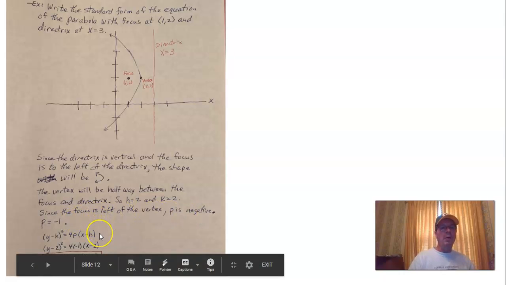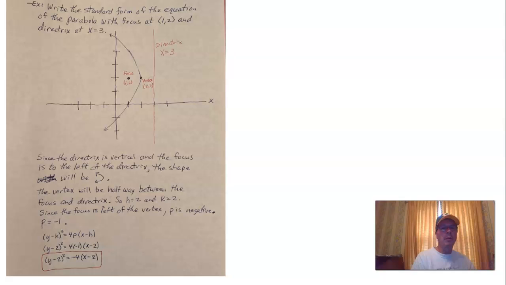So now write the general standard form equation of a right or left type of parabola, which is (y minus k) squared equals 4p times (x minus h), and now just plug everything in. k is 2, so I put it in. p is -1, I put it in. h is 2, I put it in.